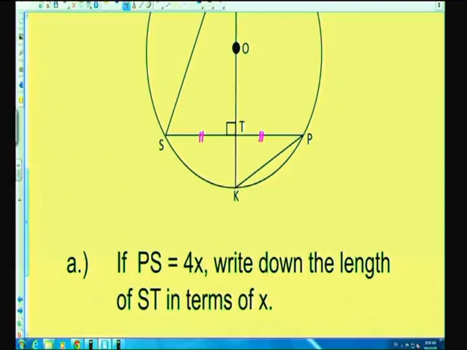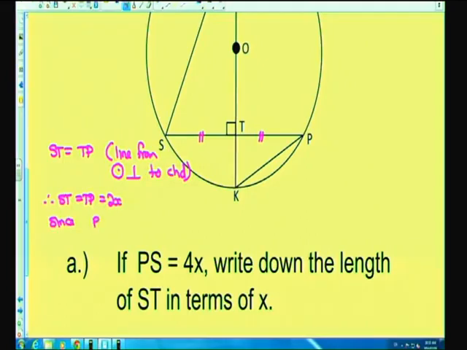Right, now they tell me PS is 4x. Now that's quite good news because with what I know, I can say ST equals TP, and the reason is line from center perpendicular to chord, or whatever reason you've been shown, it's fine. And therefore, ST equals TP equals 2x, since PS is 4x.